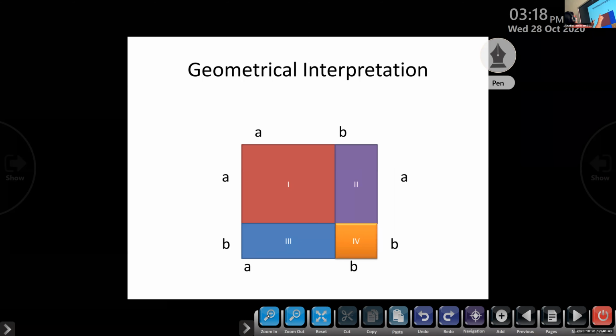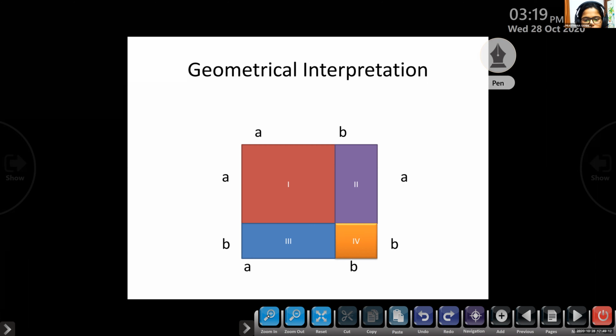Here we have a square, and that square is divided into 4 parts: a pink one, violet, blue, and yellow. The pink one is a square. The violet one is a rectangle, and the blue one is a rectangle. The fourth, yellow, is a square.